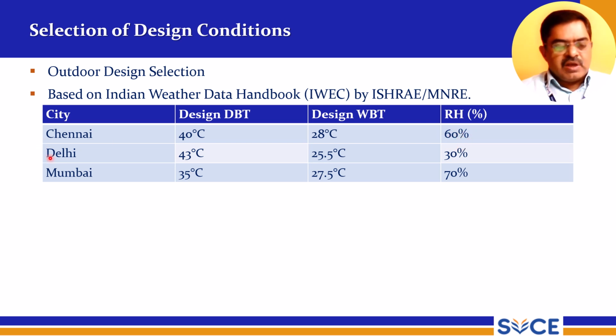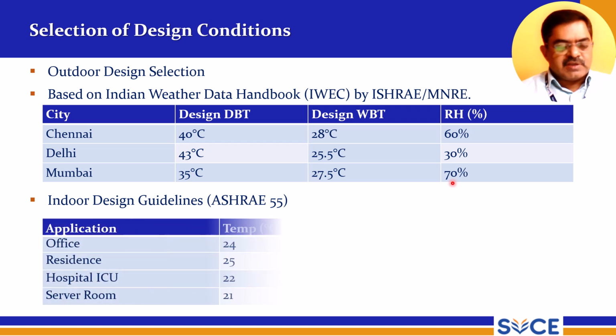In Delhi it is 43 degrees Celsius and 25.5 degrees Celsius wet bulb, and relative humidity is very low because there is no ocean nearby. In Mumbai, it is 35 degrees Celsius and 27.5 degrees Celsius, with 70 percent relative humidity, because Mumbai has a seashore.